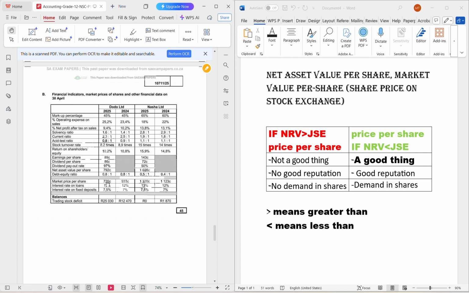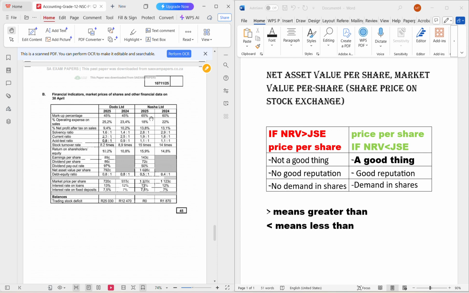It means our NAV is greater than the JSE market price per share. I told you that's not a good thing. It could mean that maybe we had a bad reputation or no shares were in demand.